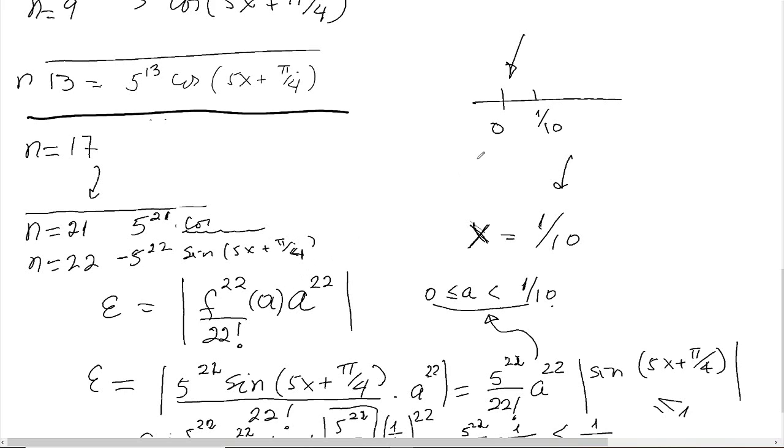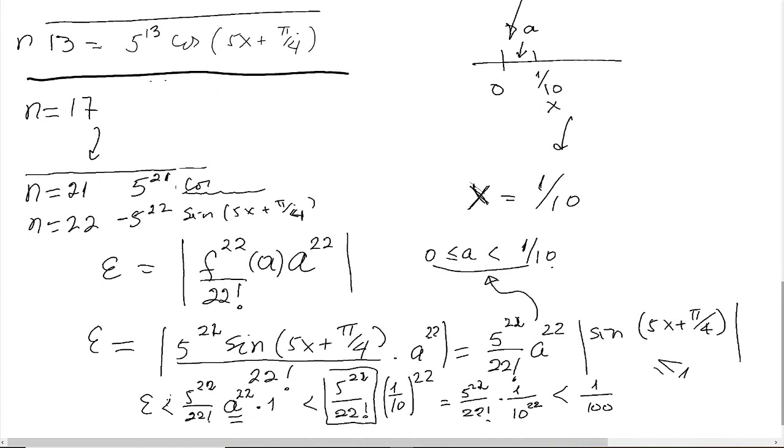Remember that the a of the Lagrange formula for the error is between 0 and x. Then this is the Lagrange formula, and the absolute value, it doesn't matter if we take the absolute value.